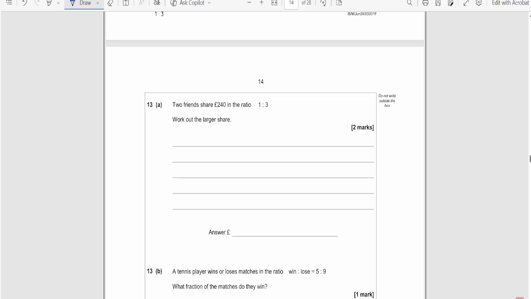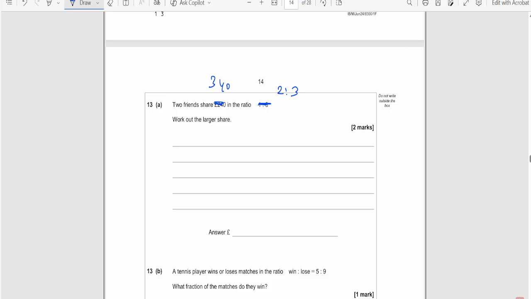If I change the number, this 240 to 340, and the ratio is 2 and 3, can you work it out? 2 plus 3 is 5.